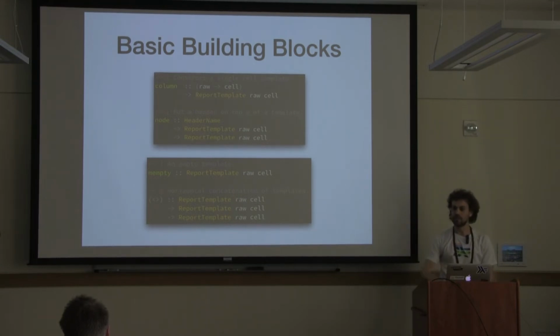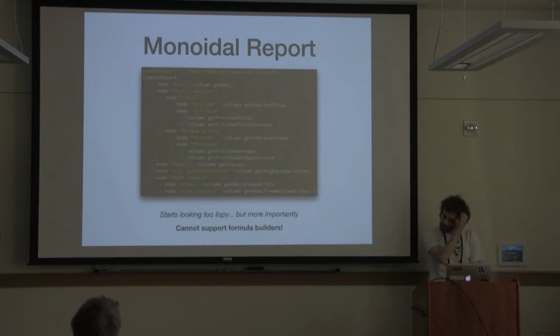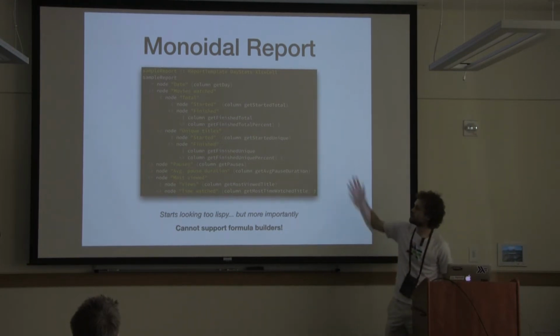Okay, nice. So the basic interface is building a column, building a node, and the monoid interface. And here's an example of how you can build a report template, for the report that we've seen before, using this interface.